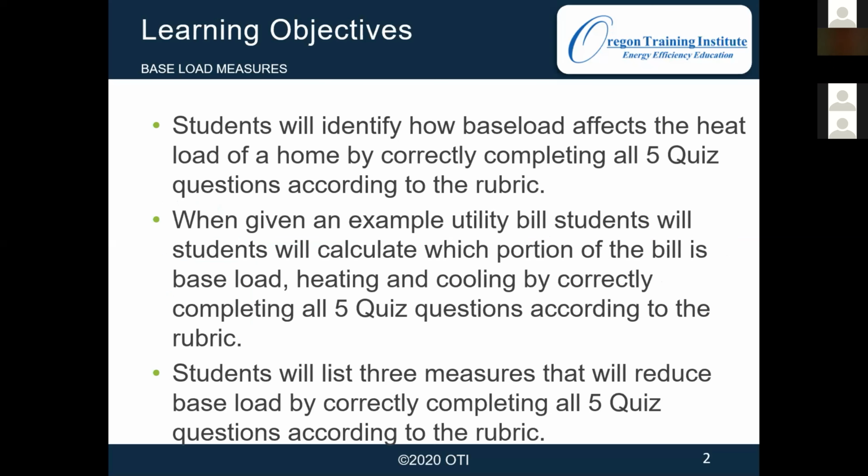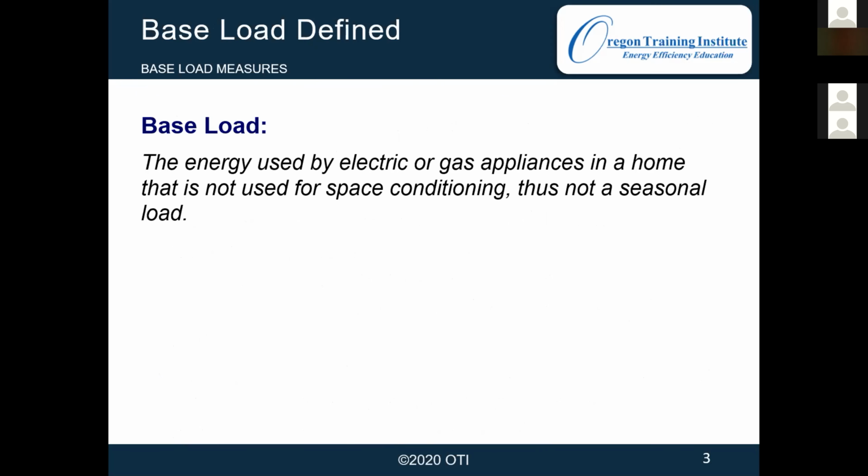In this presentation, we're going to be focusing on how baseload affects the heat load of the home. We're going to go over different things that we can do to reduce baseload, and we'll also go over how to calculate how much of their utility bill is coming from or associated with the baseload usage. And that's going to be evaluated with 5 quiz questions at the end. So let's start with, what is the definition of base load?